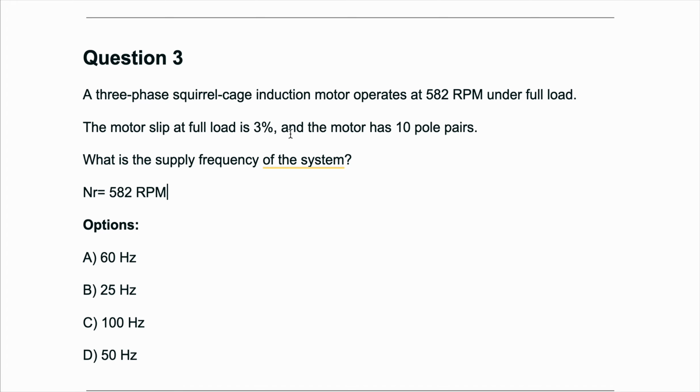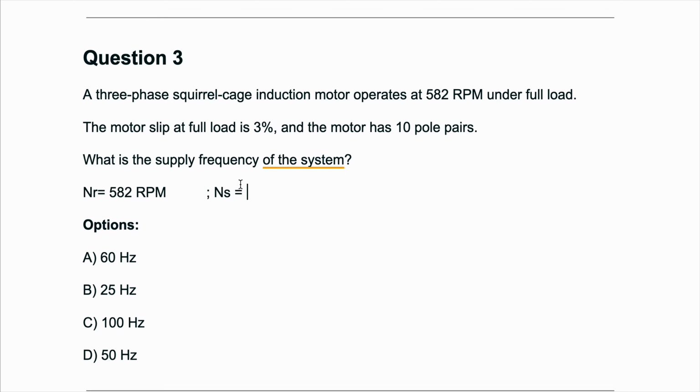So we have 10 poles, and you know that in induction motors, the speed of the field depends on the frequency and also on the pole pairs. Let me write it like this: Ns is the speed of the field of the stator.